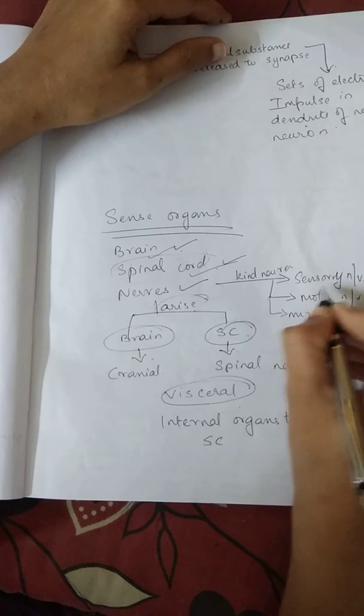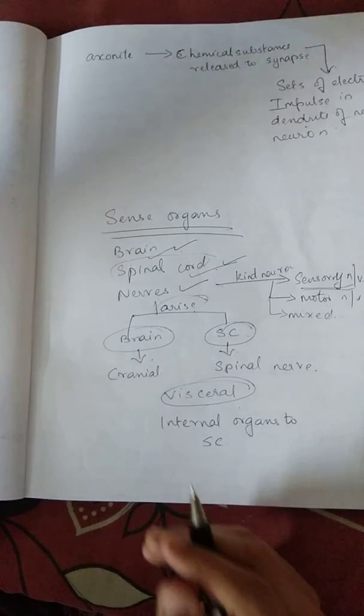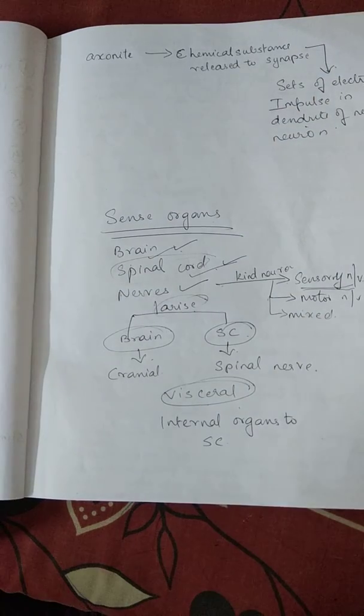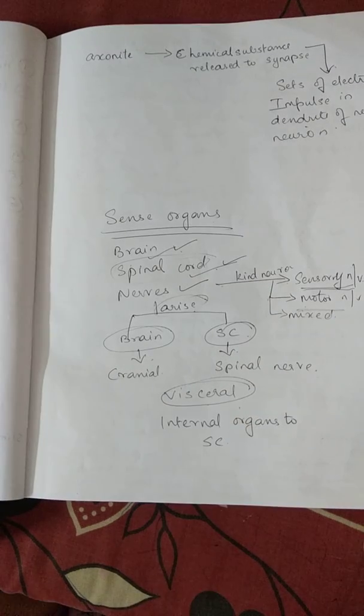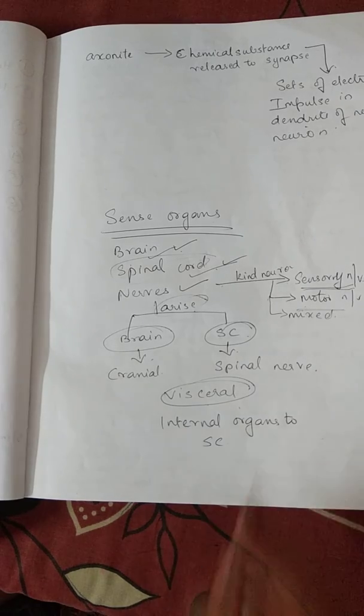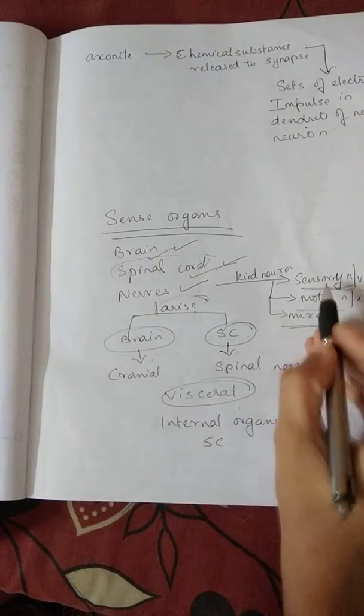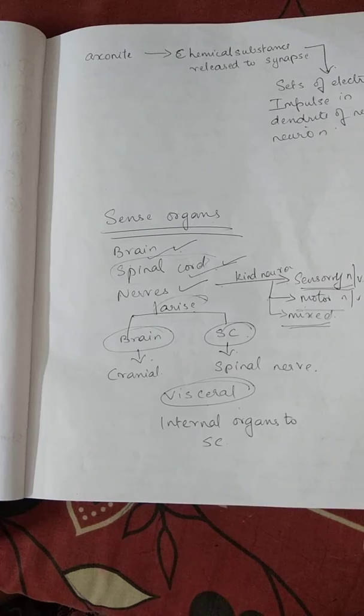Sensory nerves are made up of sensory neurons, that is, they transmit information from various sense organs and parts of the body to the spinal cord or the brain. Motor nerves transmit messages from the brain and spinal cord to various effectors, that is, various parts of the body. An effector can be a muscle, a gland or a hormonal system. And mixed nerves contain both sensory neurons and motor neurons.